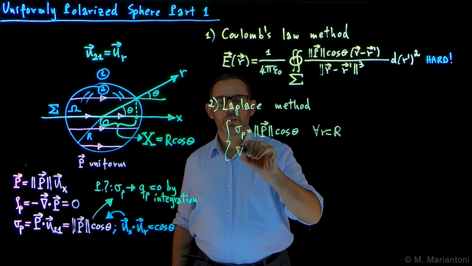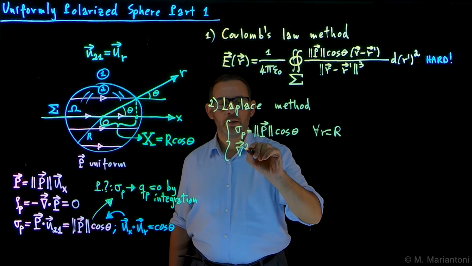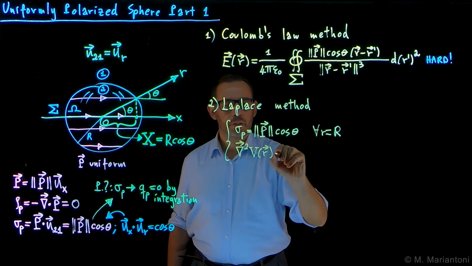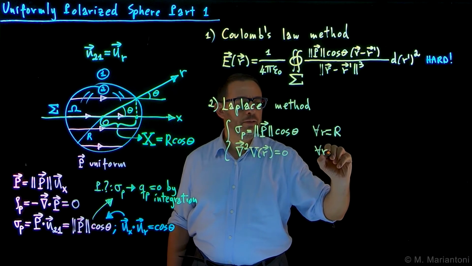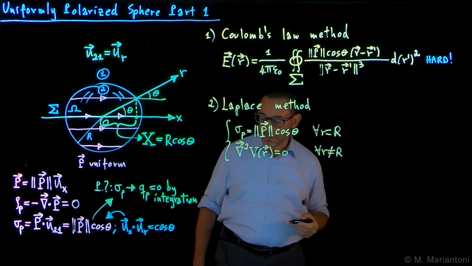Anywhere else in space, since P, capital P is uniform and there is vacuum outside, we just have a Laplace equation equal to 0, and this is true for each r different than capital R, inside and outside the sphere.